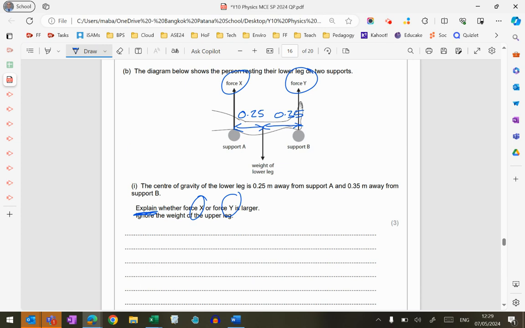Now, when you're doing these types of questions, you can choose where you put the pivot. I mean, typically you would have seen this as a bridge support question. They're using a leg on this question, but the physics is still identical. You can put the pivot there if you want, or you can put the pivot there, or there.